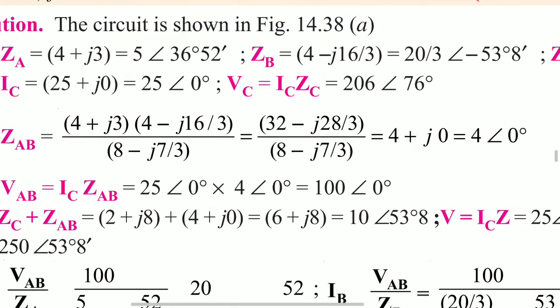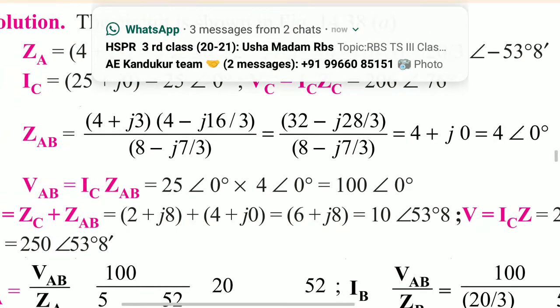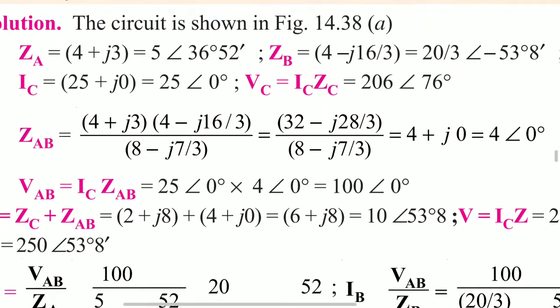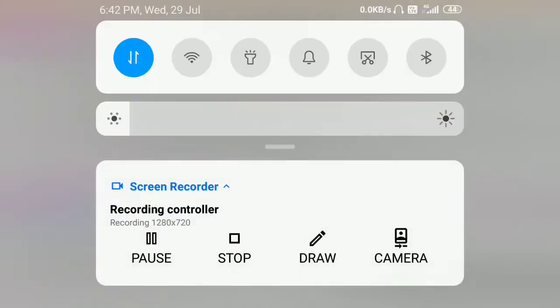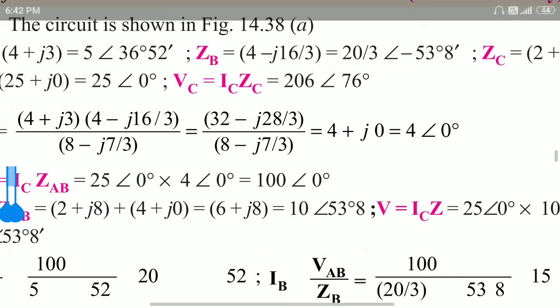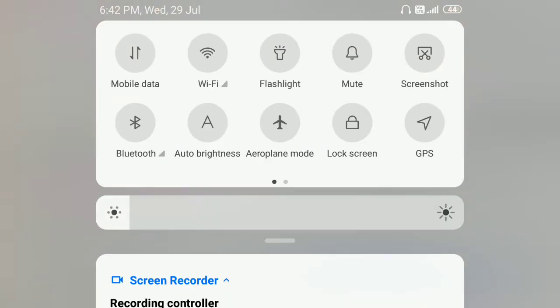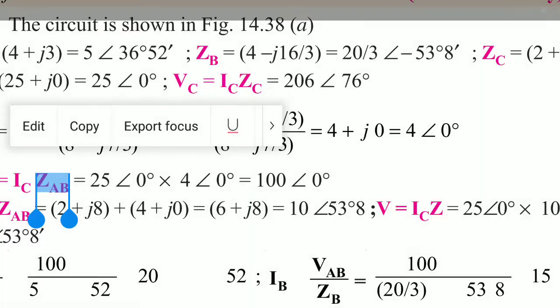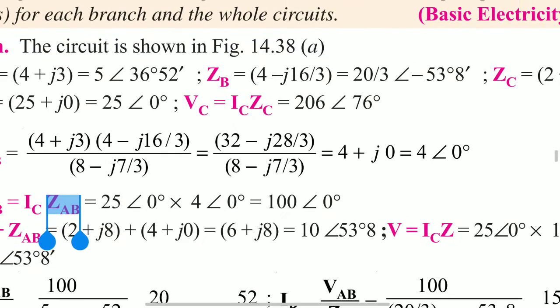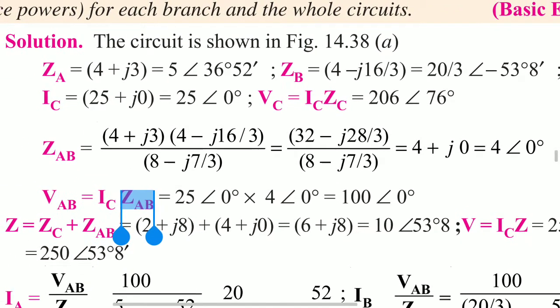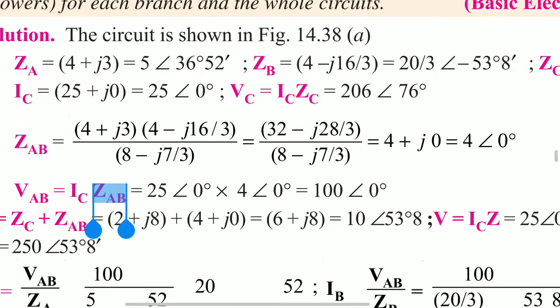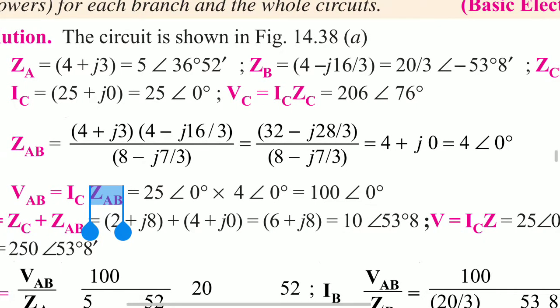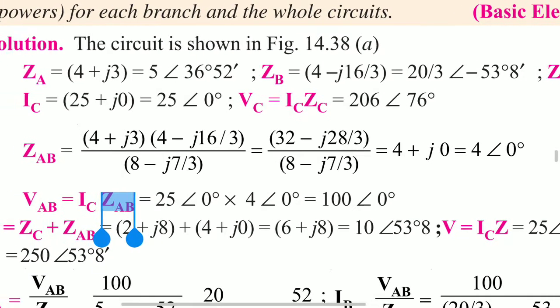Now here, VC is equal to IC into ZC, that is equal to IC is 25 angle of 0 degrees, and what is the ZC here?